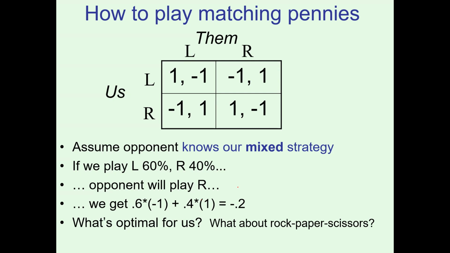So the question is, what's optimal for us? This means, how do we set this percentage? So that whatever the opponent applies, L or R, our gain is large, or our mixed strategy is optimal.